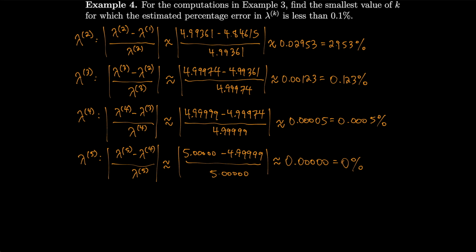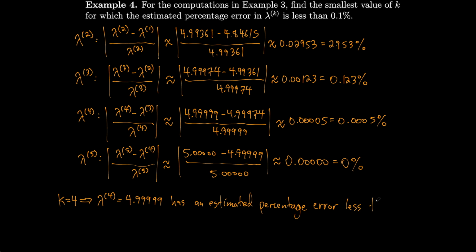There's virtually no error once you get to lambda 5. But in any case, k equals 4 was sufficient to answer this problem. So for k equals 4, we have lambda 4 equals 4.99999 has an estimated percentage error less than 0.1%.